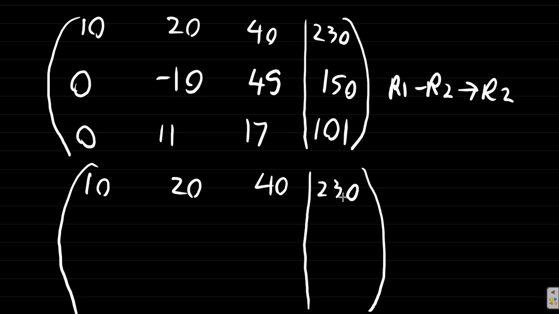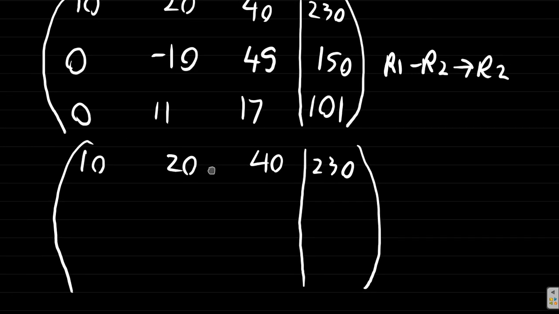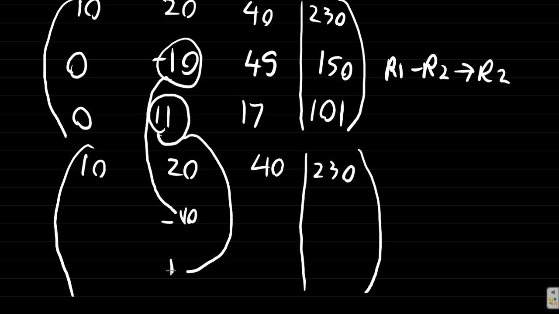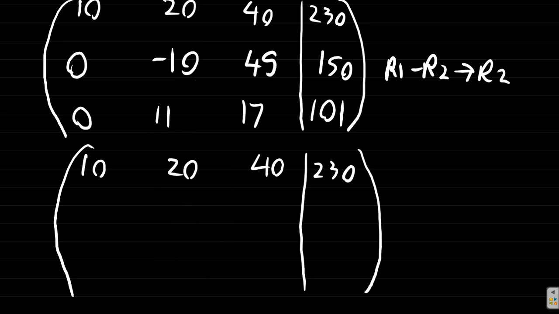Alright. What you can do is, suppose you multiply row 2 by 11. You're going to get negative 110 here. And if you multiply row 3 by 10, you're going to get 110 here. Now this negative 110 and this positive 110, you just add them and you get a 0. And put it in row 2. That is the strategy here.